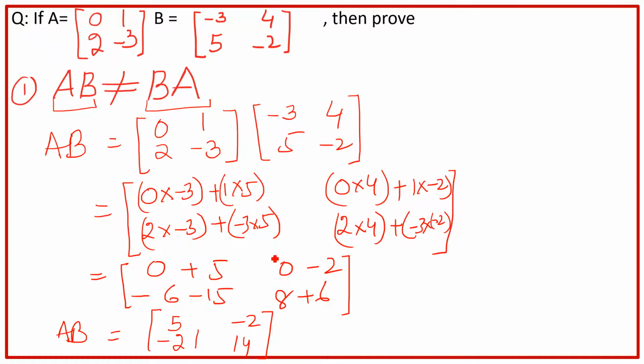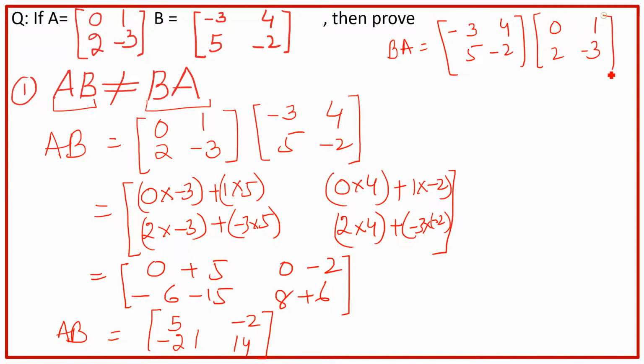Now we will see what BA is. It should be different from this. BA, right? So here you have to write down B first. Do not write down A first. B is this, and then A is 0, 1, 2 and -3. Okay, we will start multiplication.